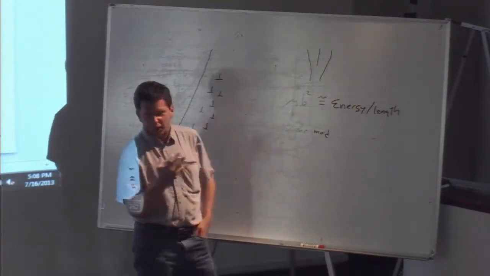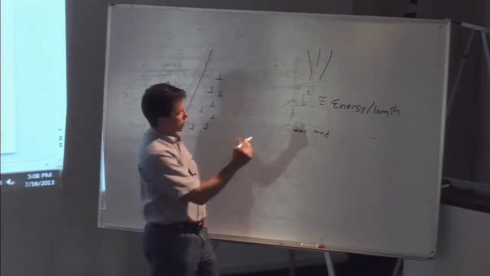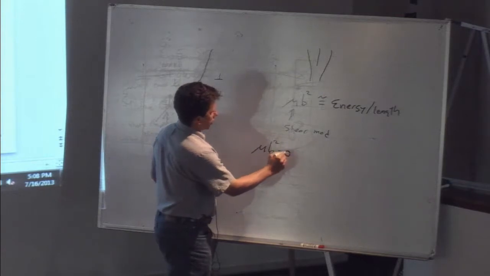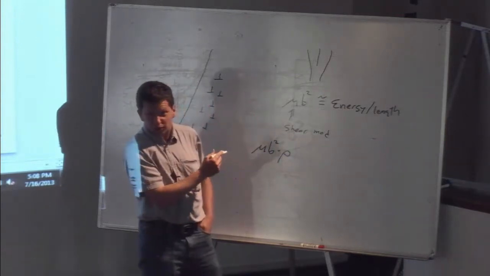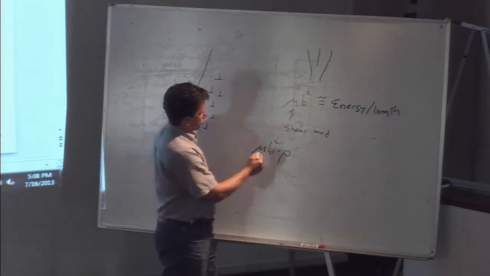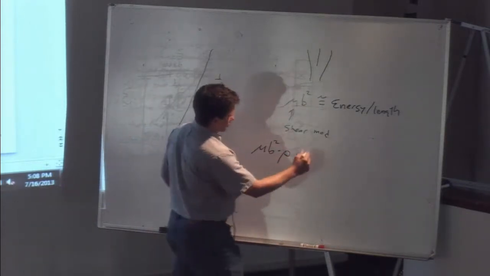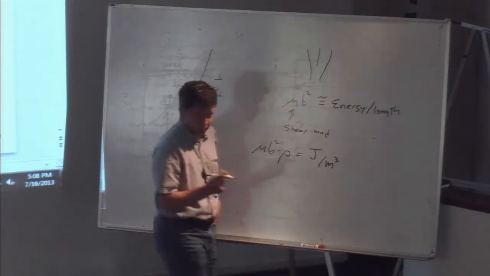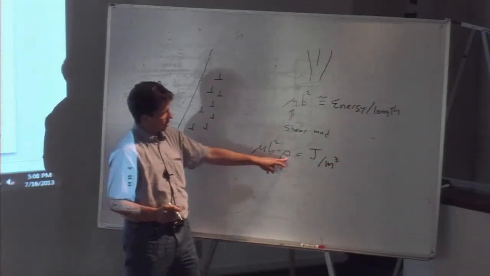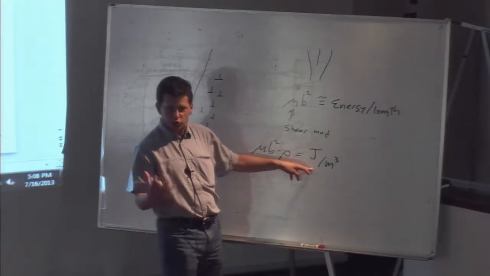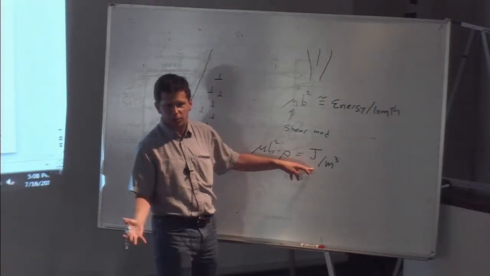And so if we want to get energy per volume, we just take mu b squared times the dislocation density, which is length per volume. And when you do that, then you get energy per volume, so joules per meter cubed. So the higher the dislocation density, the higher the strain energy per unit volume. So it's getting more and more unhappy.